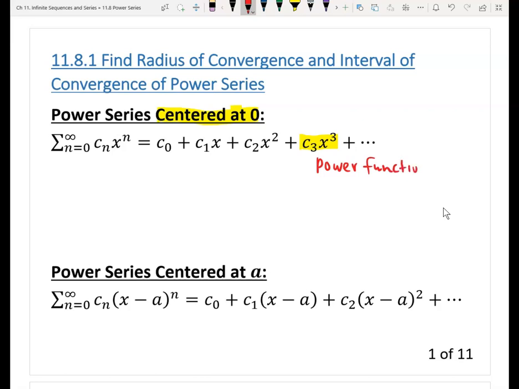And the coefficient here usually is Ci or Cn. We call the coefficient, infinite terms. And we look at this summation a little bit different from number series. For number series, n starts from 1, right? Because a1 plus a2 like this.